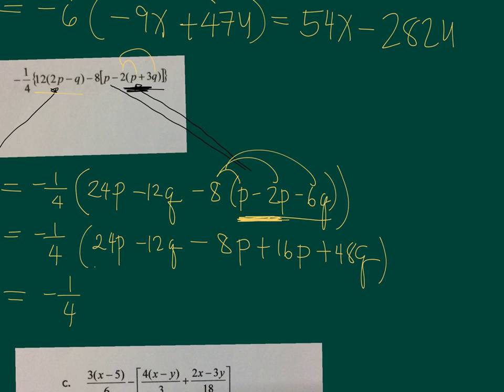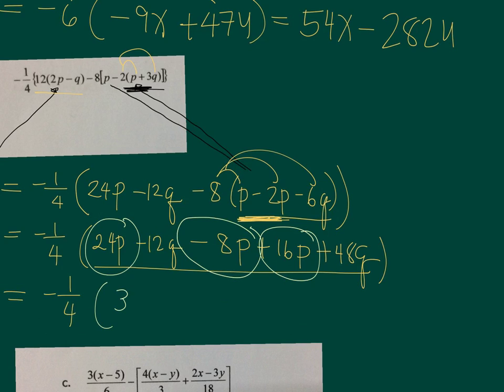Let's combine expressions inside. Let's start with the p. 24p minus 8p is 16p. Plus another 16p, that's 32p. And then the q, that's negative 12q plus 48q, that's positive 36q.